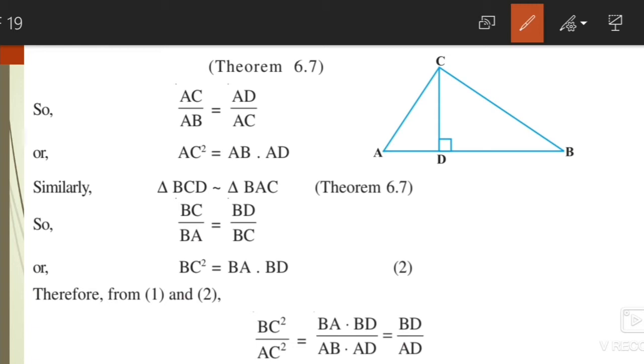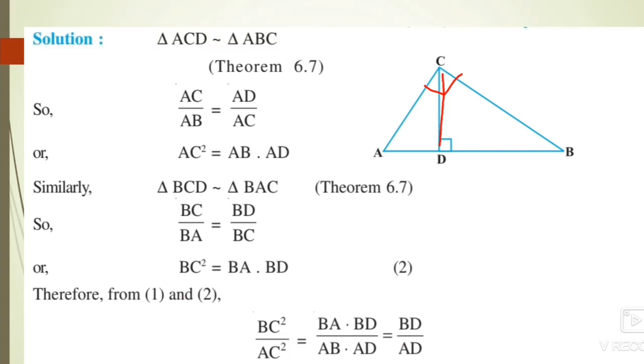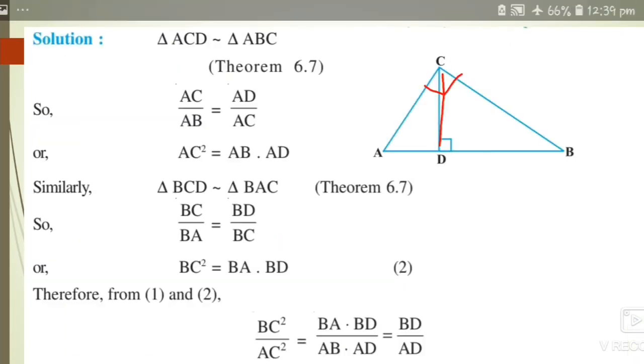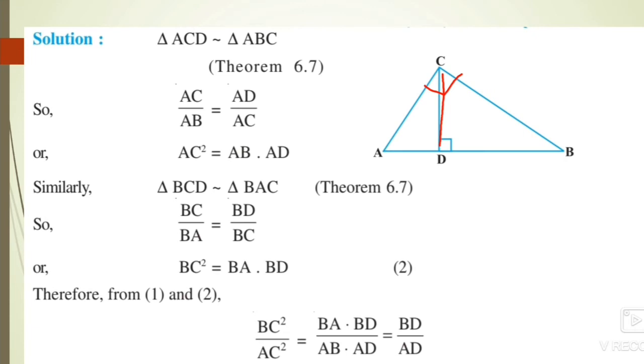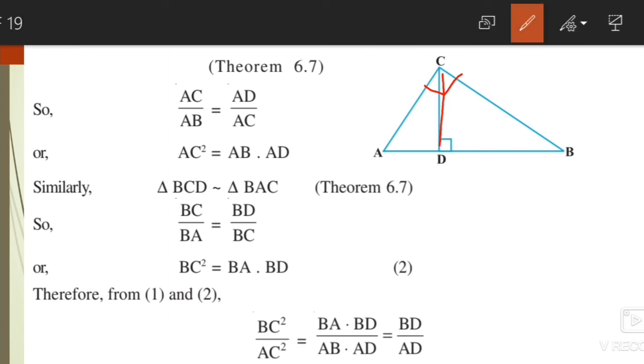Here it is given that CD is the perpendicular from one vertex of the right angle triangle ACB, and angle C is 90 degrees. So you can use theorem 6.7, the first theorem of this video.